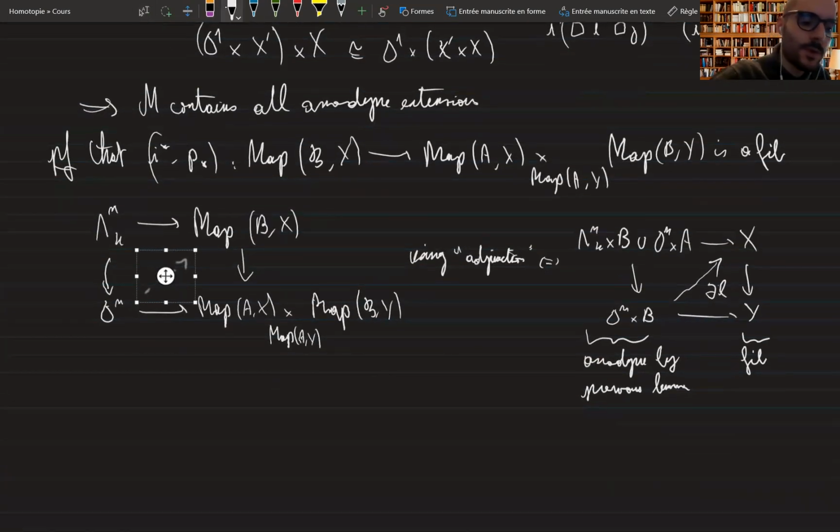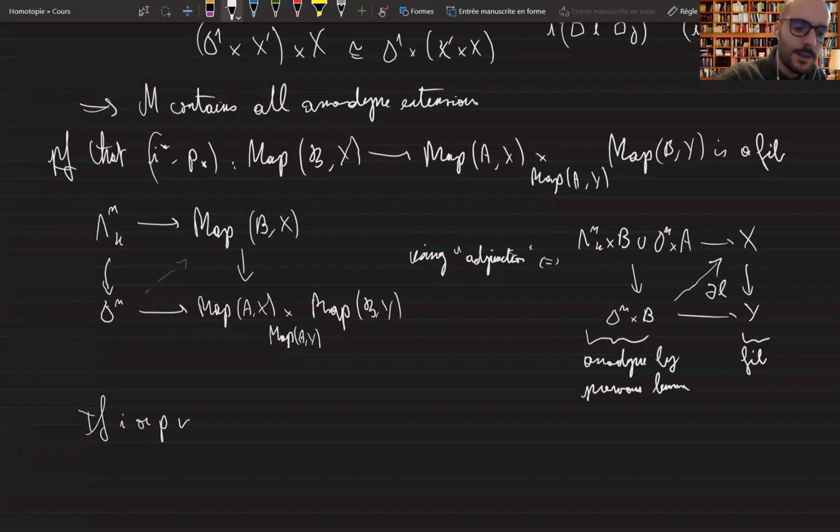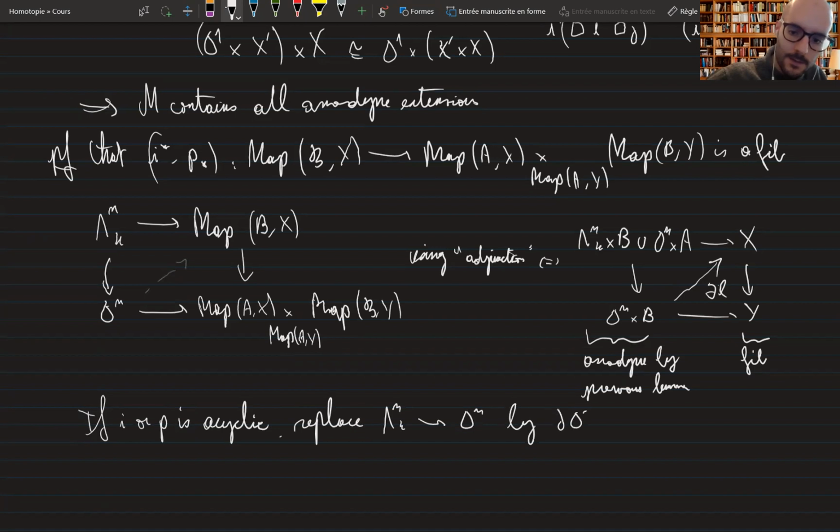And to prove similarly that if I or P is acyclic, replace lambda n k by this one.